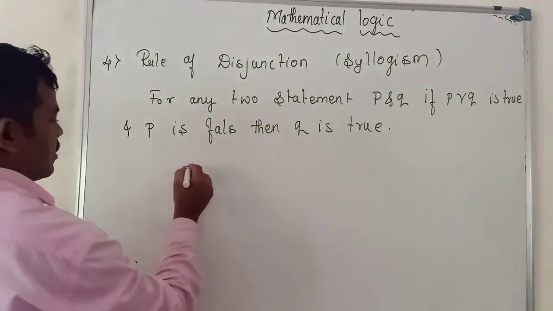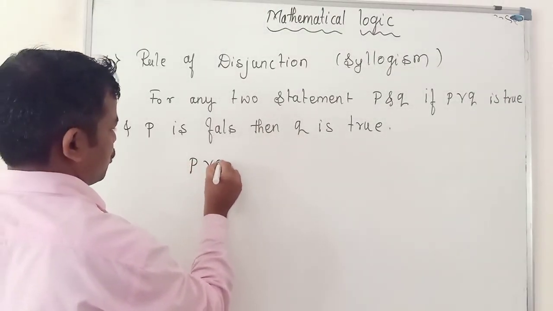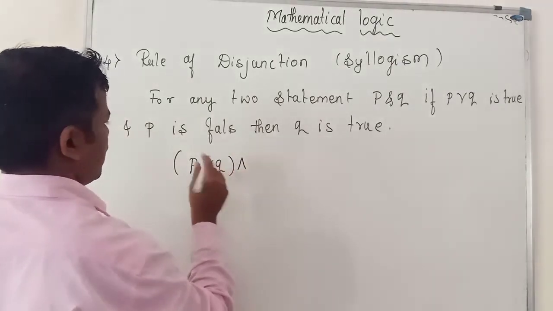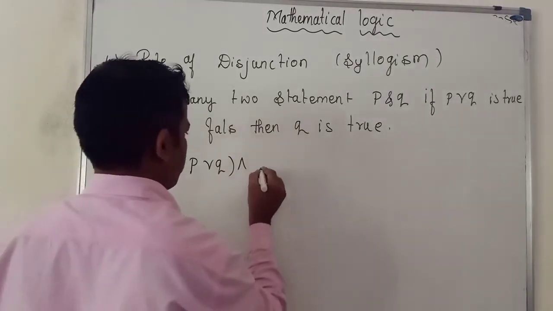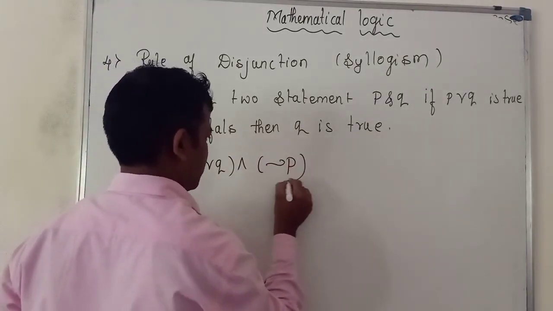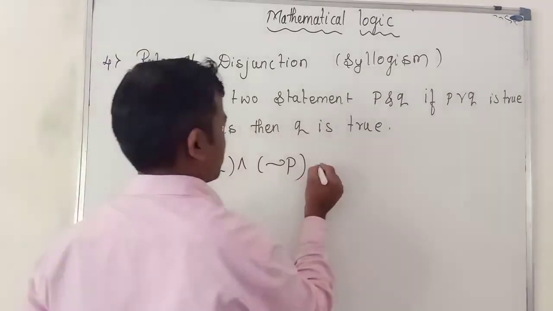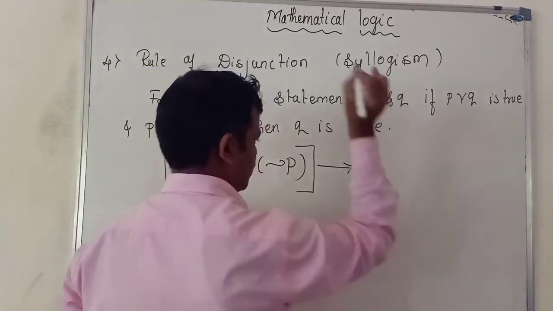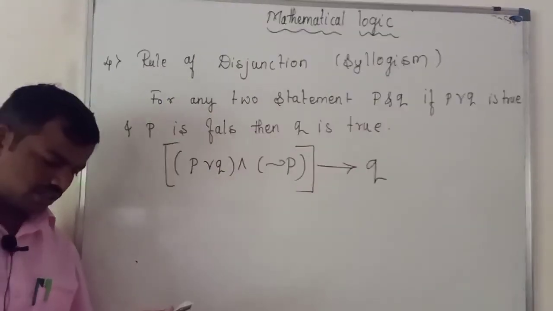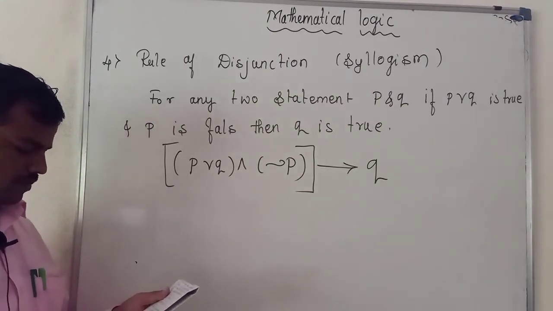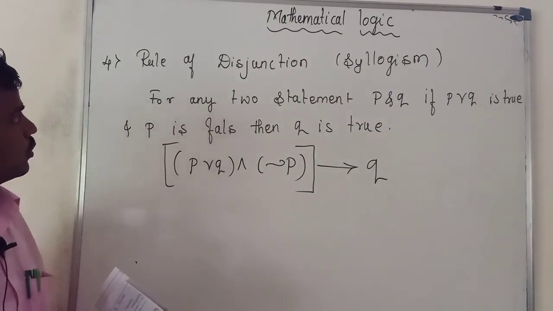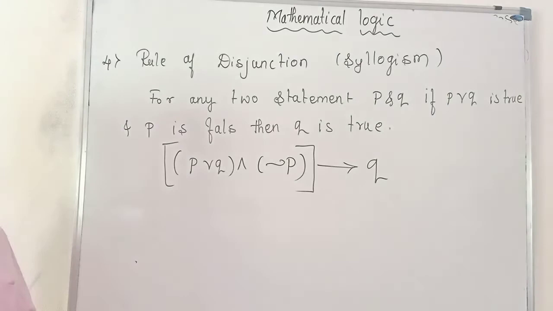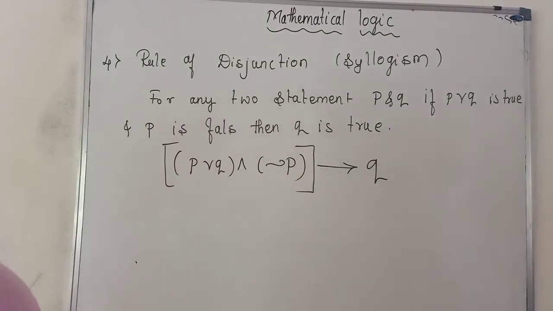So P or Q, and negation of P, conditional Q. That is about the rule of disjunction. Still two rules which we have to study, which we are going to study in the next video classes.